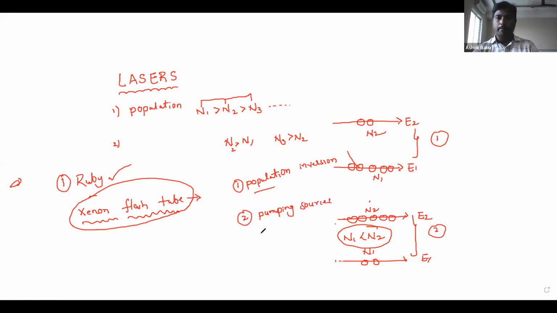We have different types of pumping mechanisms, like atom inelastic collision. I will show the types of pumping mechanisms in the PPT.